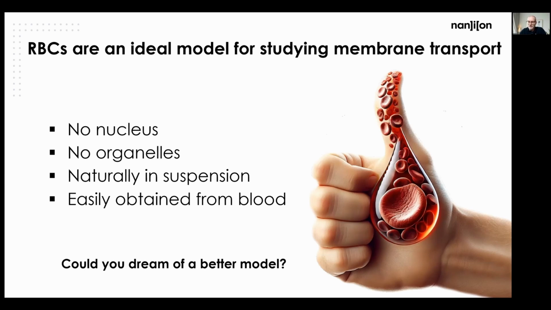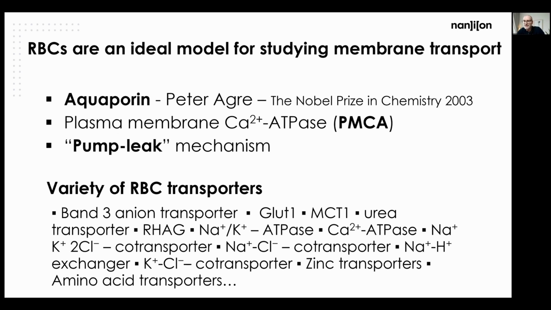And because of all this, several groundbreaking discoveries are actually connected to red blood cells. For example, aquaporin was discovered in red blood cells for the first time by Peter Agre, and he got the Nobel Prize for this. Also, the plasma membrane calcium ATPase and the pump-leak mechanism were discovered for the first time in red blood cells. And later on, a variety of red blood cell transporters have been discovered on the membrane.